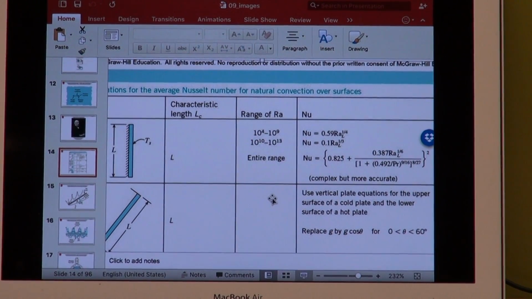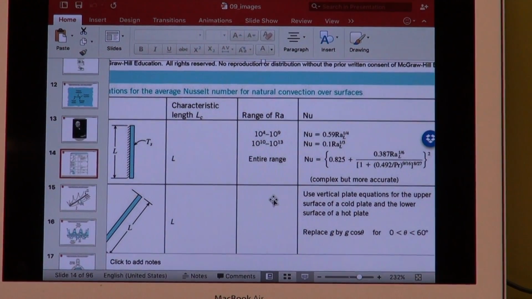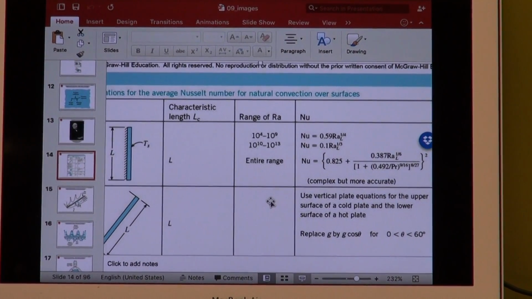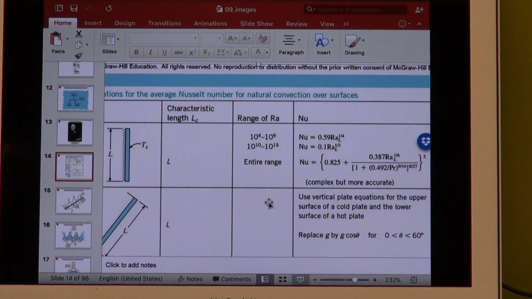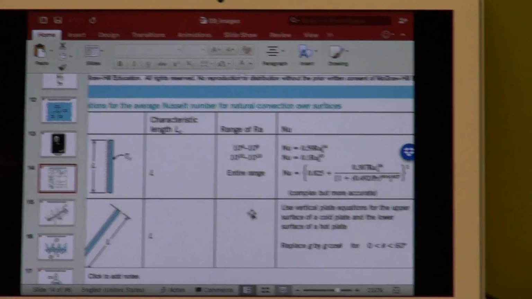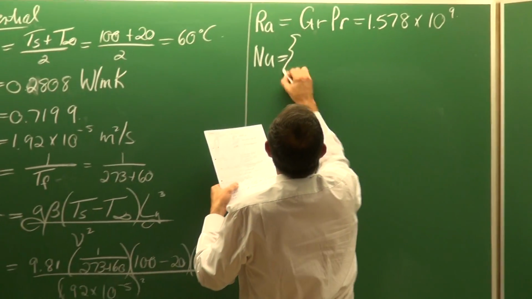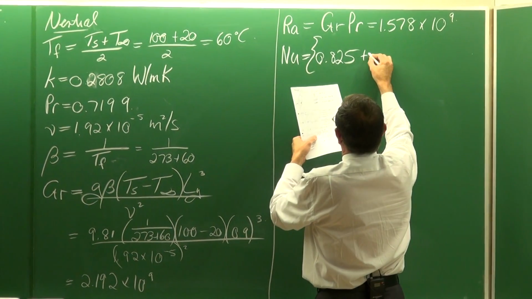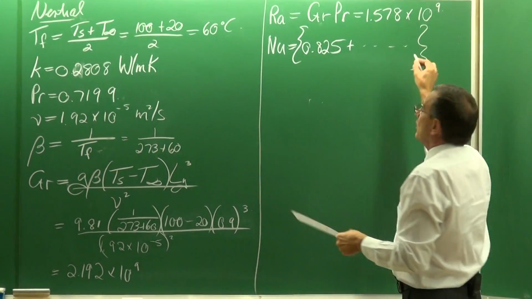So we cannot really use the first equation, but it's borderline for the second equation, sort of in between. But if we want to be more accurate, we can use the last one, the long equation. Okay. So that gives us the equation for the Nusselt number equal to 0.825 plus all those terms.